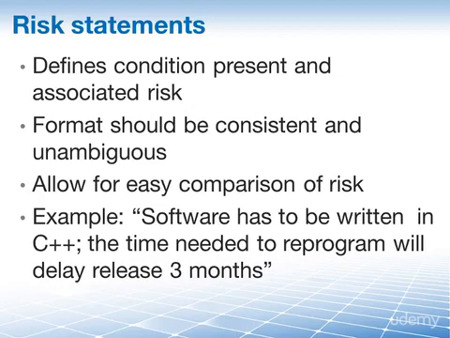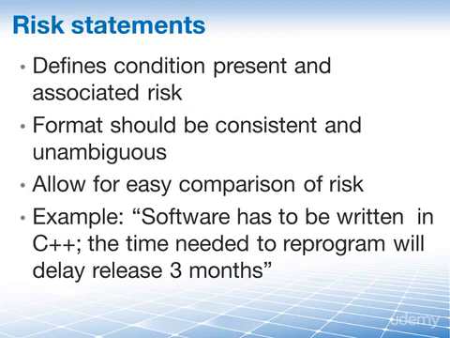Here, the current condition and cause are stated: given the change in scope being considered, a large part of the software must now be written in C++, as is the associated impact. The time required to restaff and recode will extend the project schedule by 3 months.